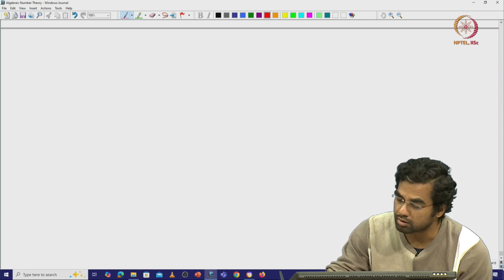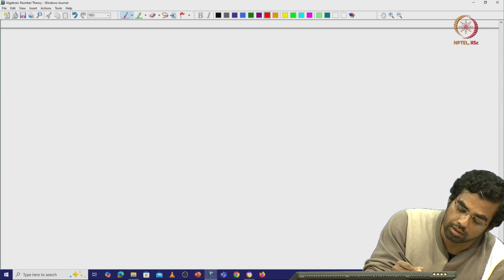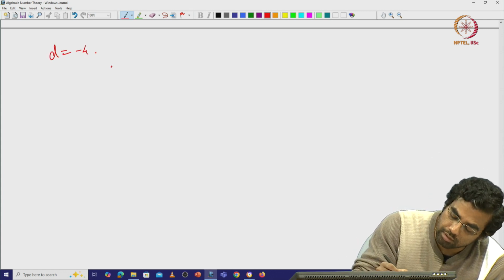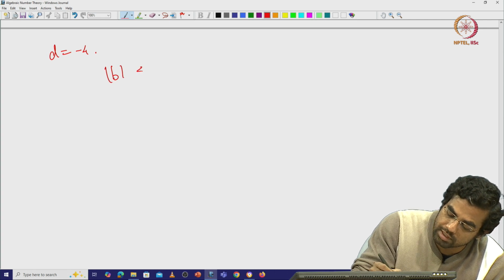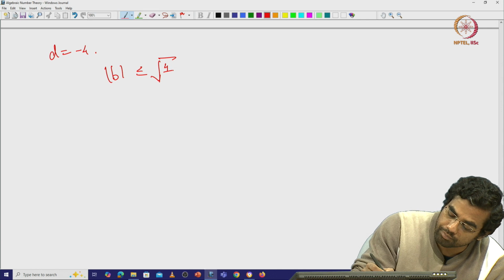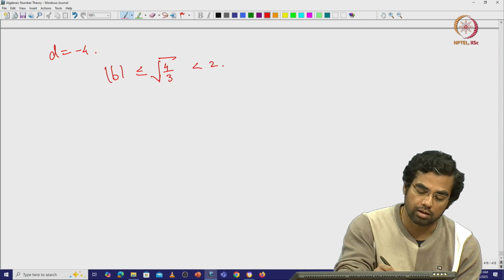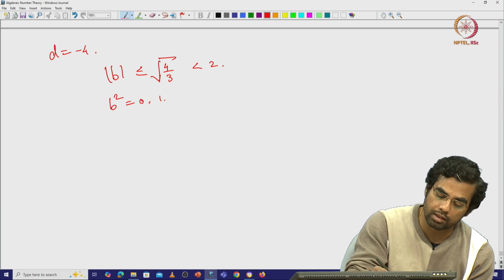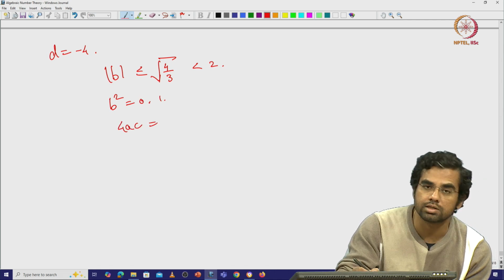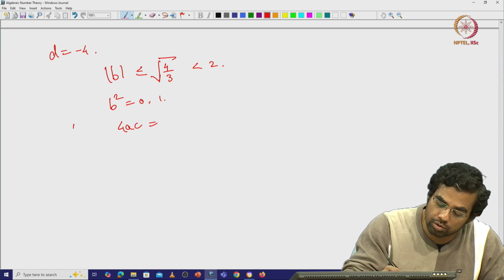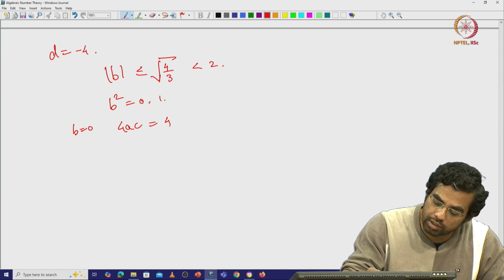Okay, let us look at d equal to minus 4, right. So, again mod b is less than or equal to square root of 4 by 3, which is less than 2. So, again b square equal to 0 or 1. So, 4ac is equal to, but now there is a difference. When b is 0, you get 4 here, and so a times c is 1.